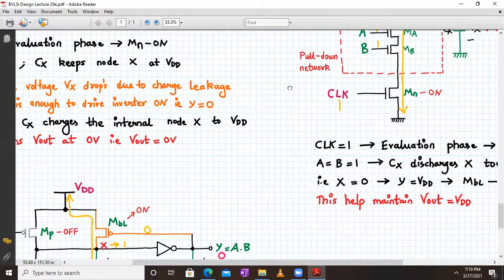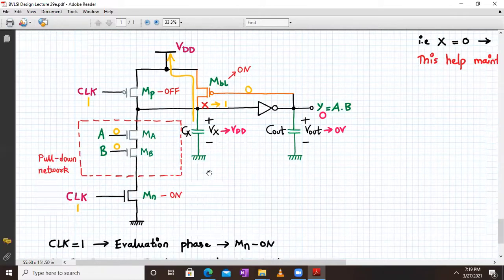Let us check the last case where A and B are both 0. When A and B both are 0, the node voltage X should remain at VDD, but it might fall down due to the charge sharing problem. But it is sufficient to drive the static CMOS inverter. So the output of the static CMOS inverter will be logic 0. This logic 0 will in turn turn on the MBL bleeder transistor.